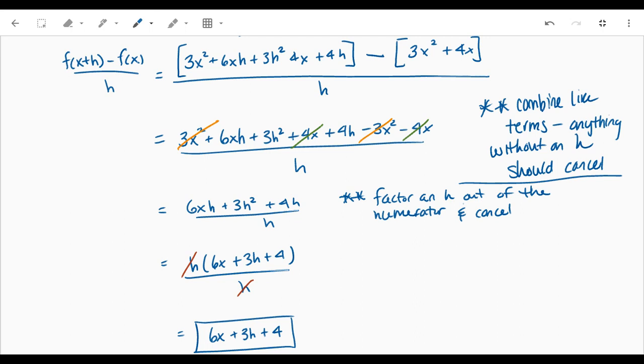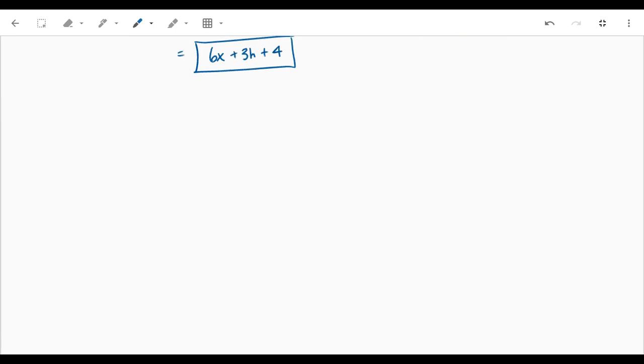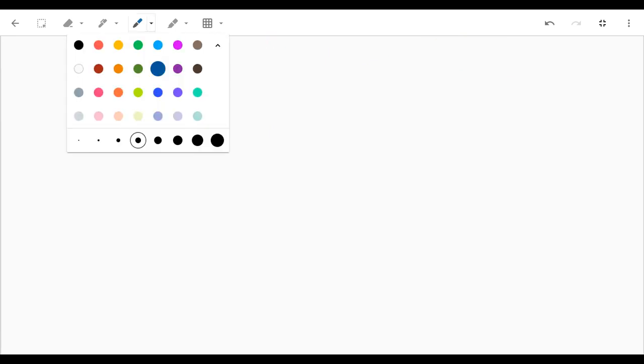Okay, all right, let's get another one here. We have sum, difference, and product of two functions.